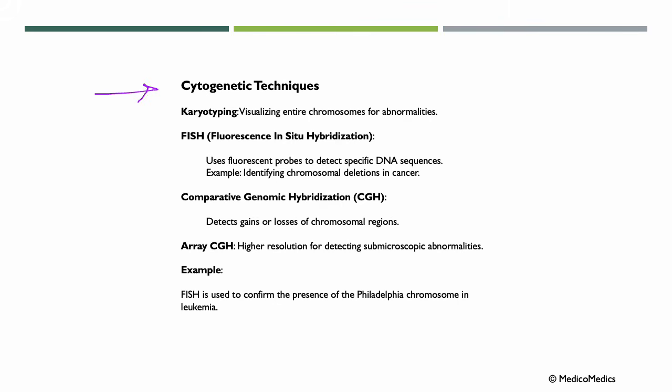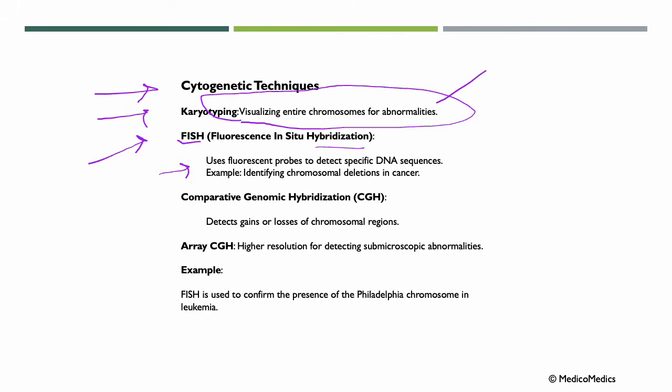Now, cytogenetic techniques. So we mentioned karyotyping, which helps us visualize entire chromosomes for abnormalities, like a photograph. We also have FISH, which stands for fluorescence in situ hybridization. Here we use fluorescent probes to detect specific DNA sequences, for example, identifying chromosomal deletions in cancer.